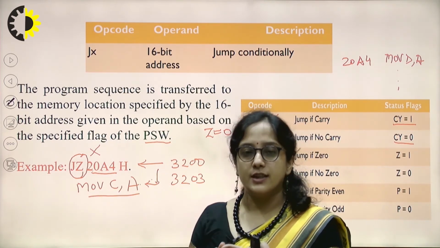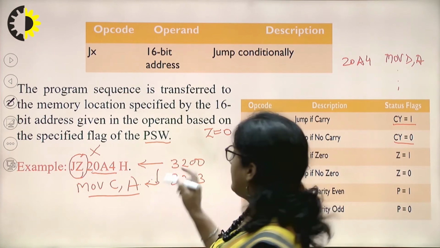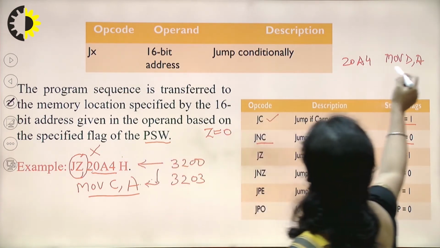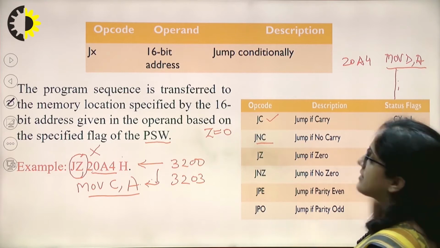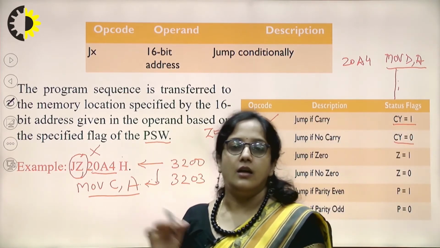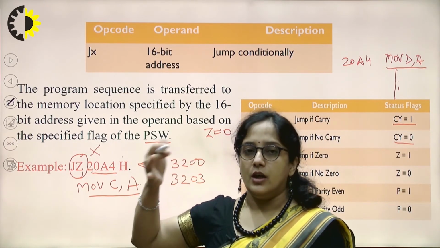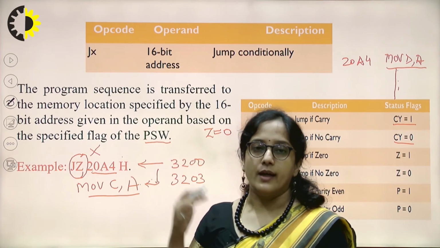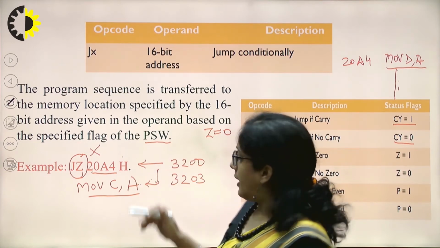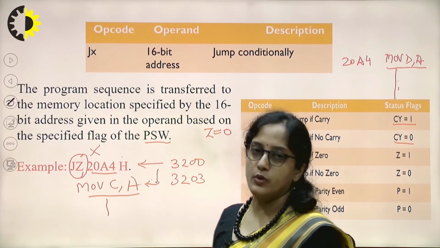So, if the Z flag is 1, then it will jump to the 20A4 location and execute this instruction and whatever the next instructions are, till the end of the program. Otherwise, it will follow the main program.